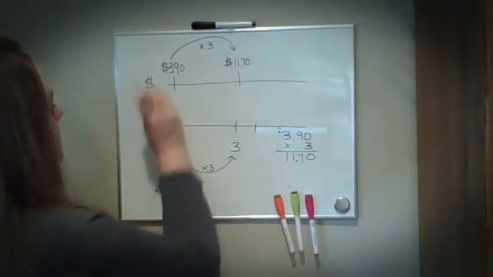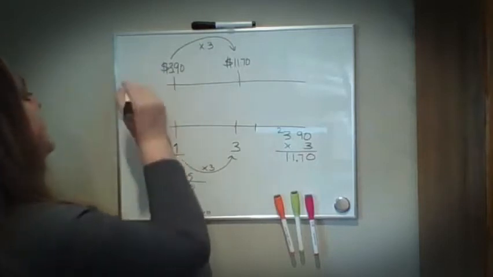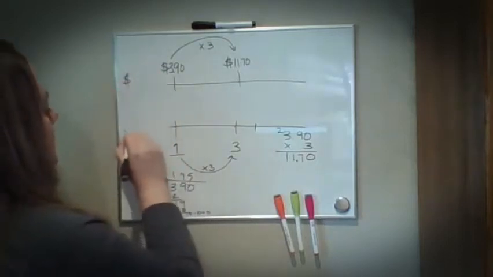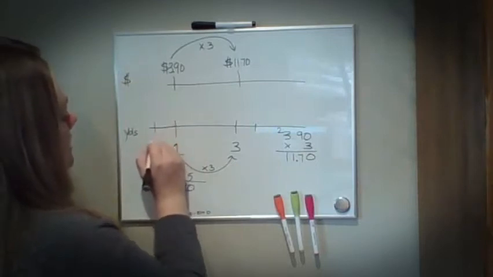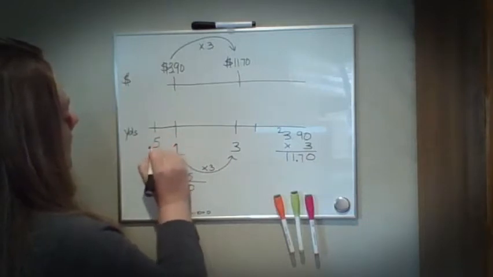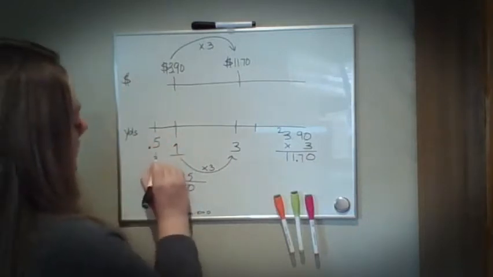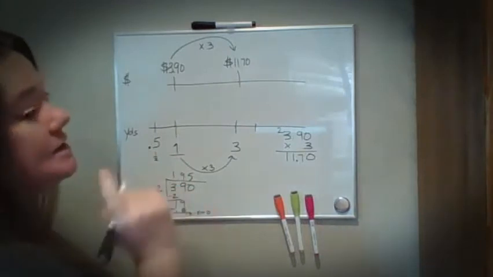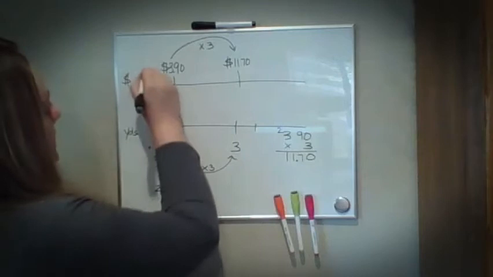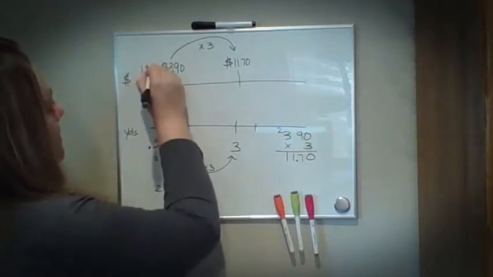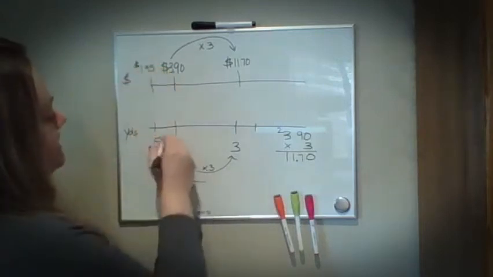I'll erase my labels. I probably should have left myself more room, but that's okay. Money and yards can go here. I can go all the way back to a half of a yard, 0.5, or 1/2. Same thing, different way of writing it, which then we said is $1.95. So $1.95 is a half of a yard.